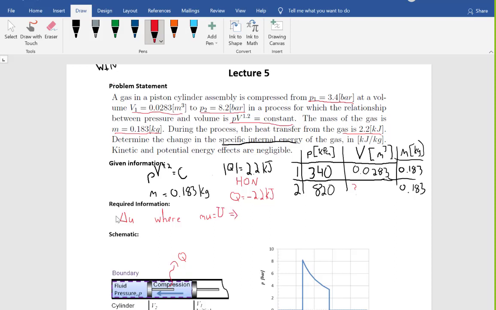So that must mean that delta little u, the deltas that we're talking about are always going to be state 2 minus state 1. But this is also going to be, if I could get it, big U2 minus big U1 divided by the mass. So that's what I'm trying to find, right? And it tells me that I can neglect kinetic and potential energy effects.